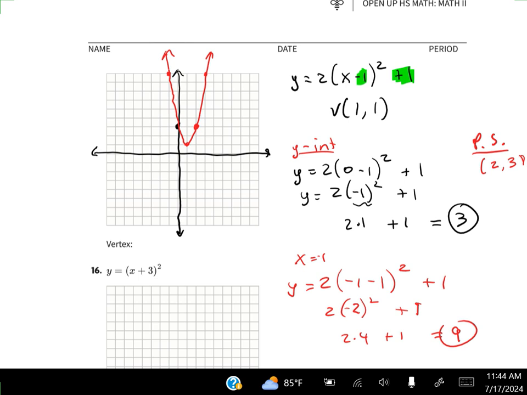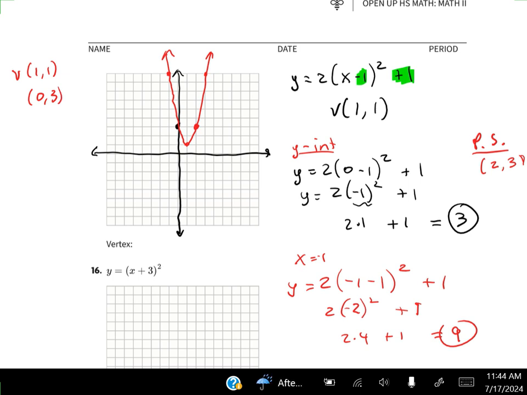So just to be clear, the points that we're using for this one are our vertex at 1, 1. We get our y-intercept at 0, 3.